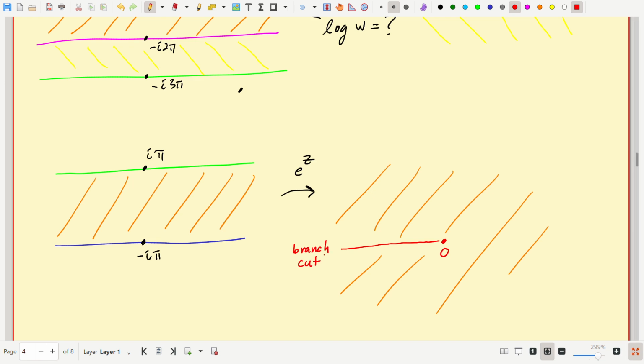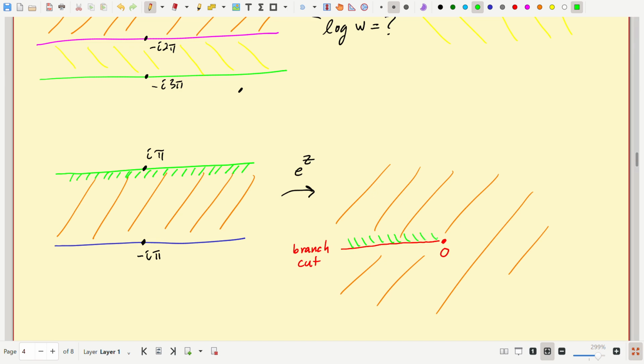And I like to think about this: think about opening a fan. Remember those horizontal lines go to radial things. So it's kind of like opening a fan, and this part of the fan opens out and connects here when I open the fan as far as it goes and let it connect.